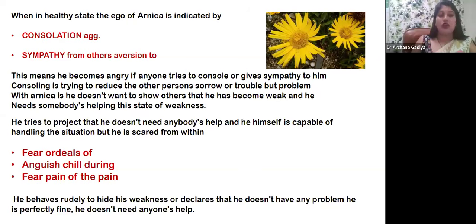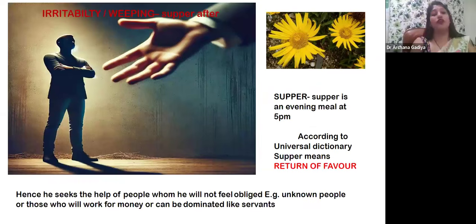So we have a very wonderful rubric in Arnica, irritability, supper after, or weeping, supper after. So what is supper? Supper is an evening meal which is given in return of a favor. According to the universal dictionary, the meaning of supper is returning of your favor.